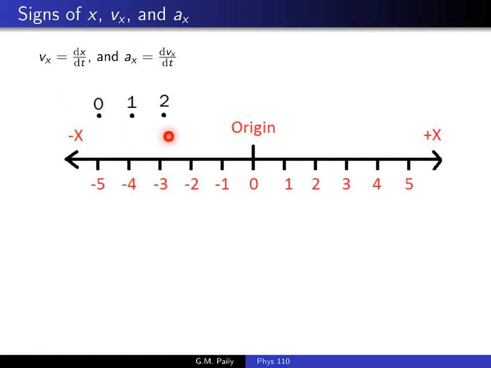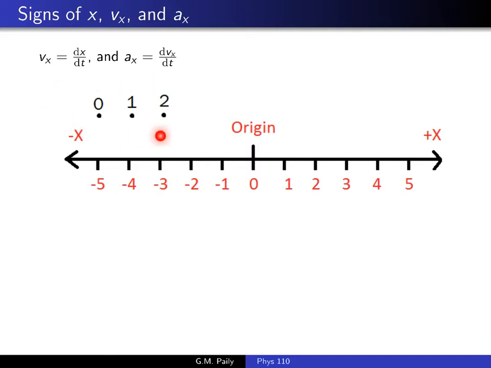We can say that during all these times, the position is negative because it is on the left side of the origin. We can say that the velocity, however, is positive. Why? Because the velocity arrows are pointing to the right, that is, in the direction of the positive x-axis.